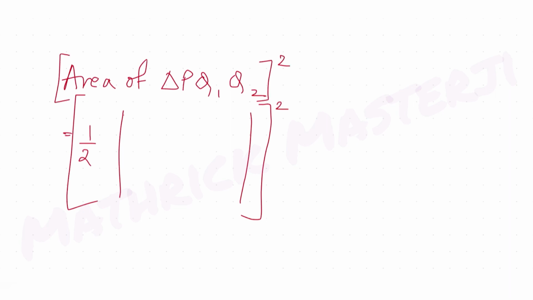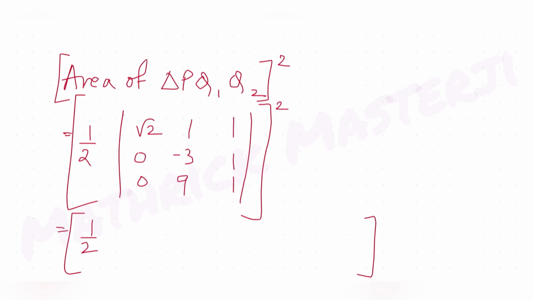So half into the determinant of, here you have to put 1, 1, 1, and here you have to put all the coordinates. For P, the coordinates were root 2, 1. For Q1, it was 0, minus 3. For Q2, it was 0 and 9. So if I solve this, I get half of, let's solve this determinant. This is squared. So this gives you root 2 into minus 3 minus 9, which is minus 12, minus 1 into 0 minus 0, plus 1 into 0.